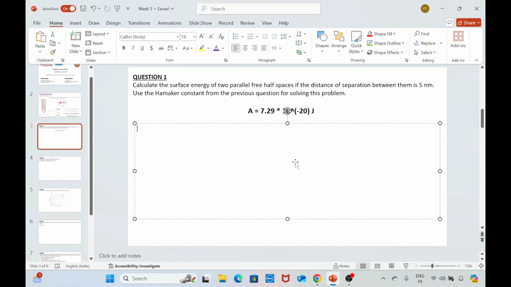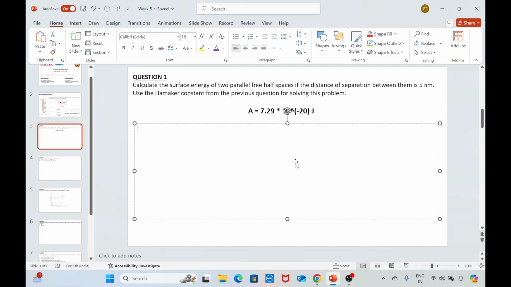Okay, let me just ask one more question before progressing to the solution. What is the expression for the van der Waals forces of attraction or interaction between two parallel surfaces? What is the formula?